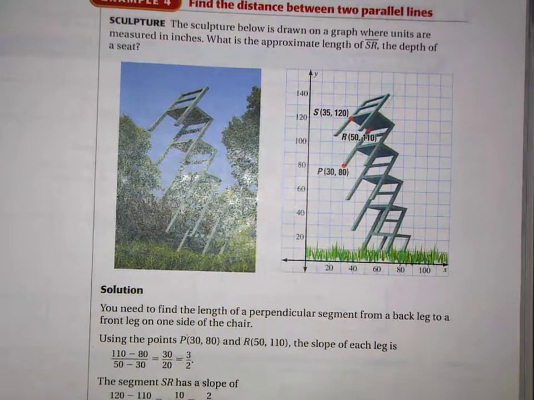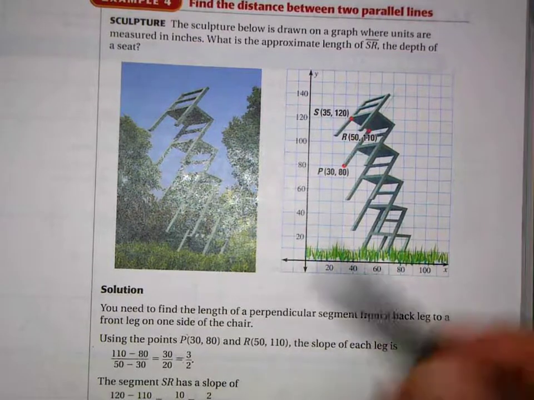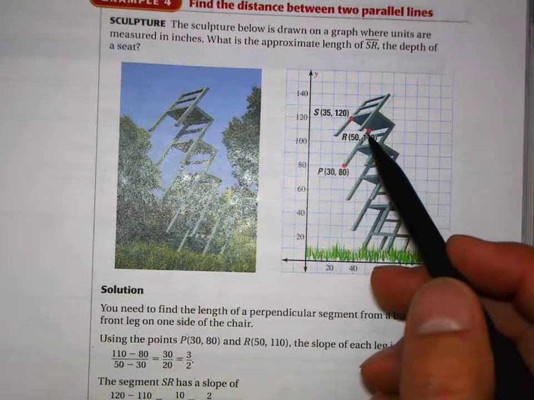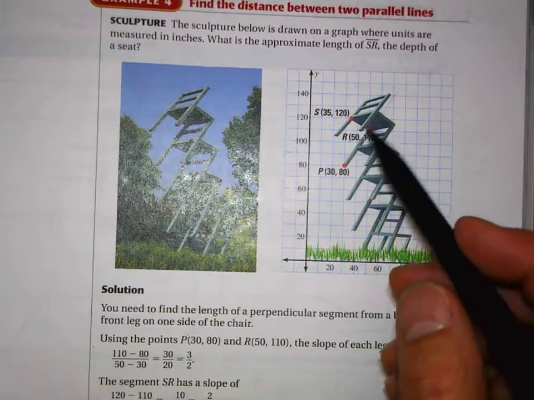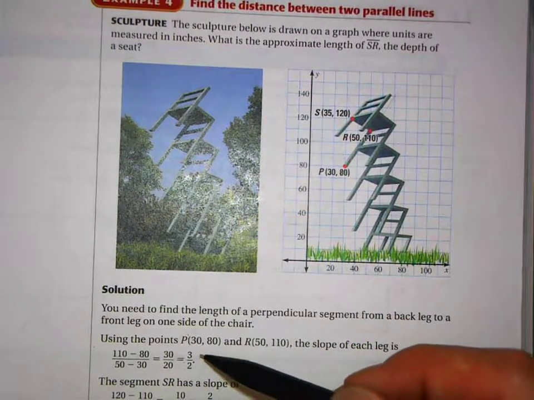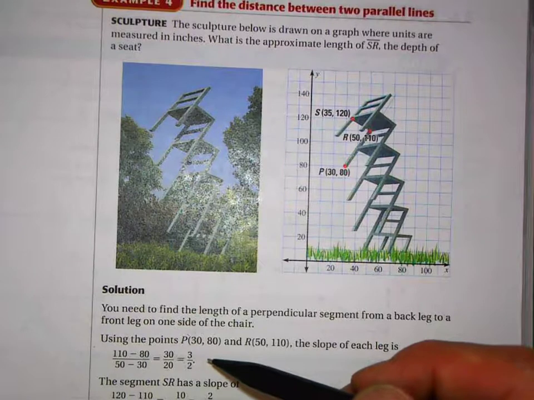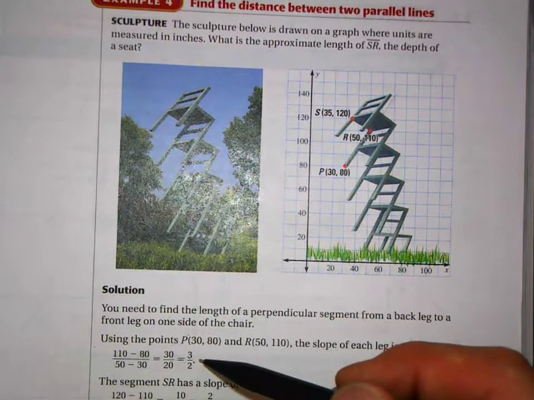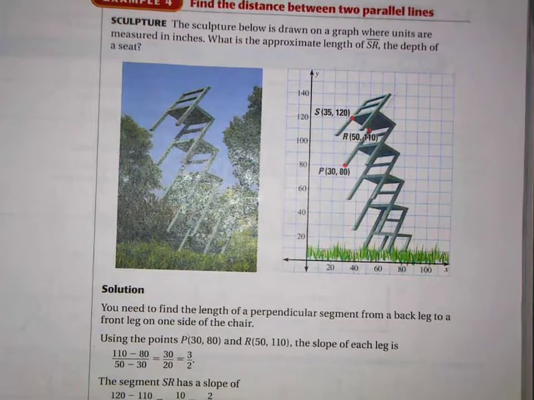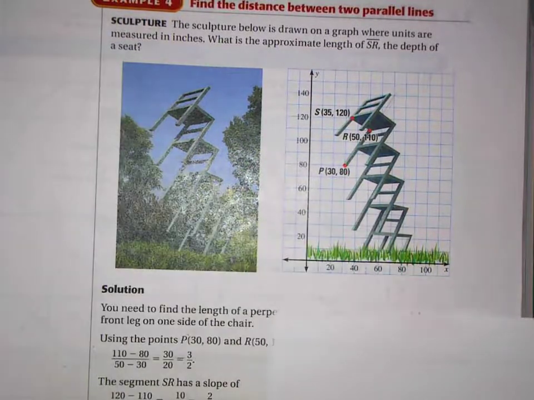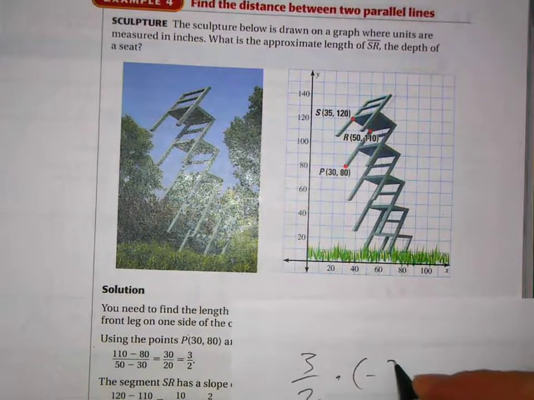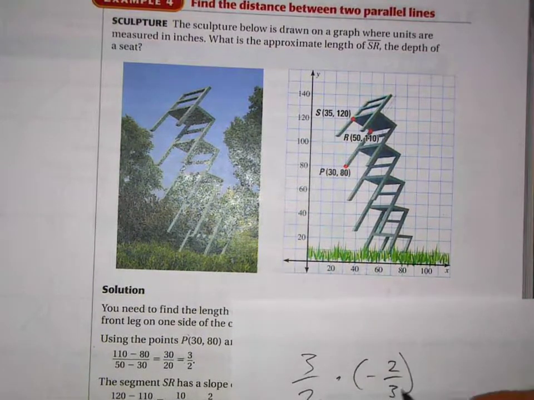Yep, so these are the opposite reciprocals of each other, which means that these two segments are perpendicular to each other. Another way of confirming that would be to remember the product of two slopes that are perpendicular to each other is -1. So let me get a sheet of paper here. Let's take 3/2 and multiply it times -2/3.